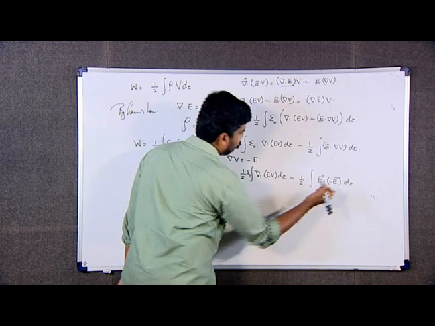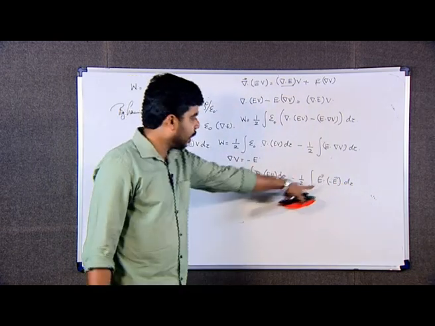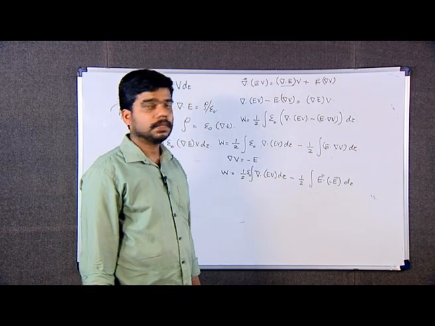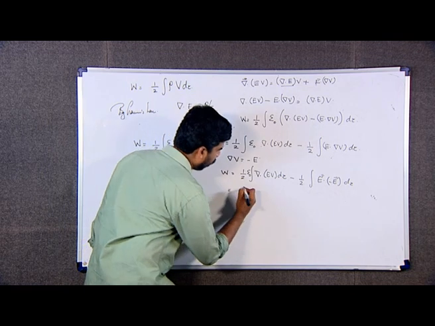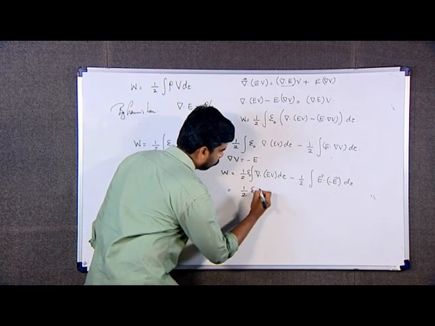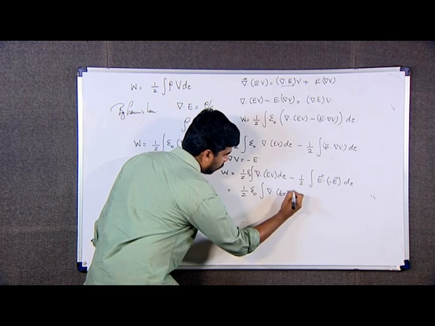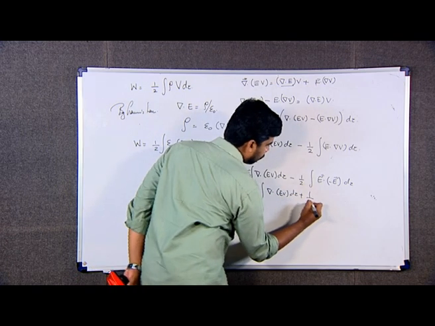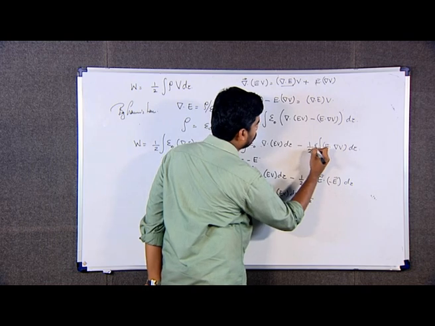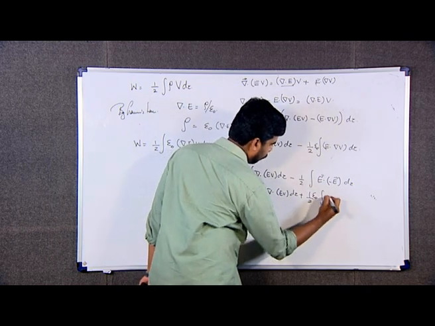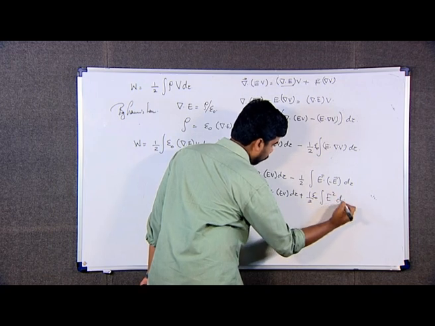Both are vectors, so this minus and this minus will become plus. So W equals half epsilon 0 integral del dot (E V) d tau plus half epsilon 0 integral E square d tau. I forgot the epsilon 0 here.